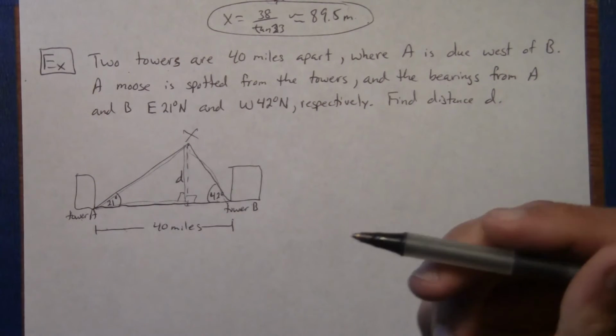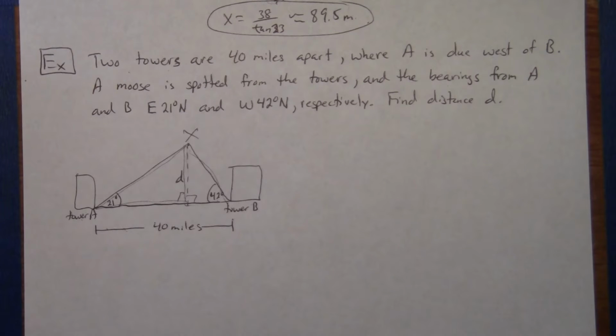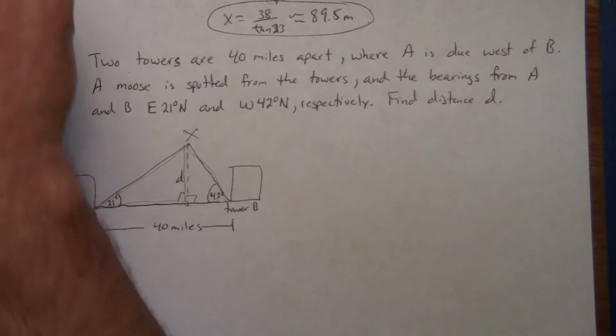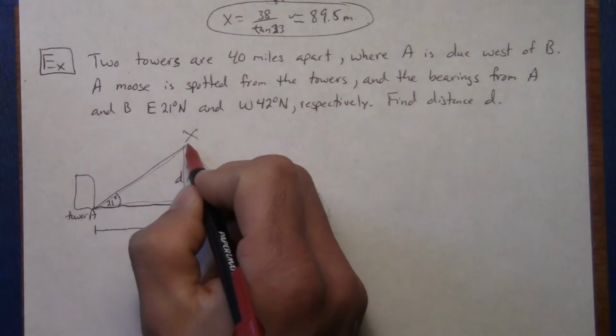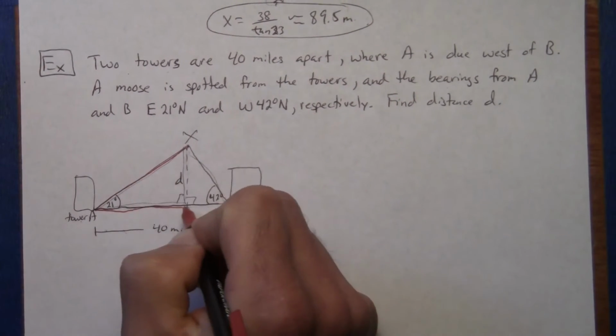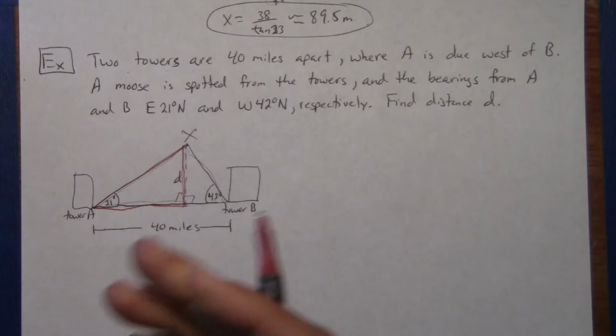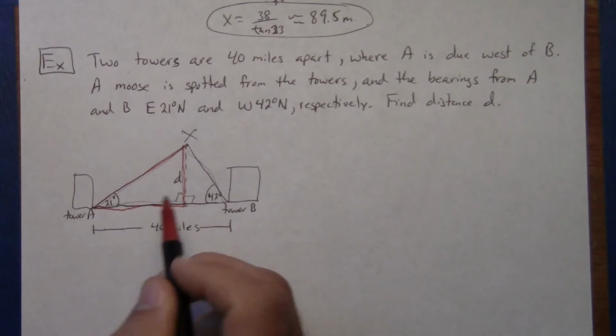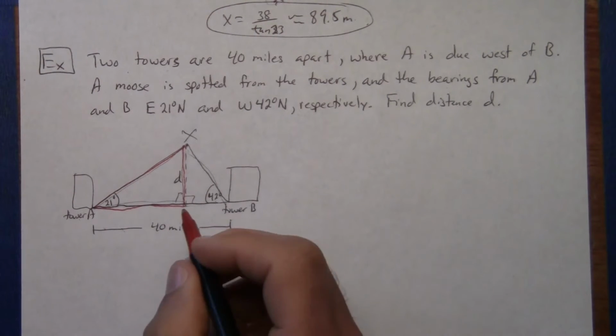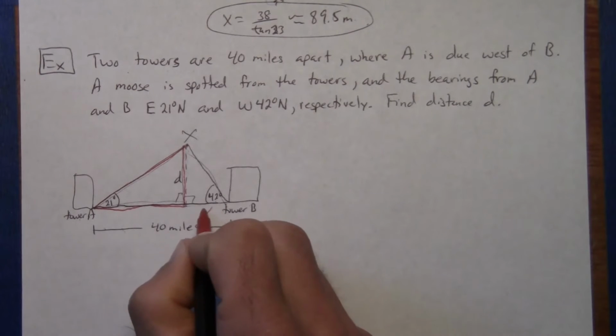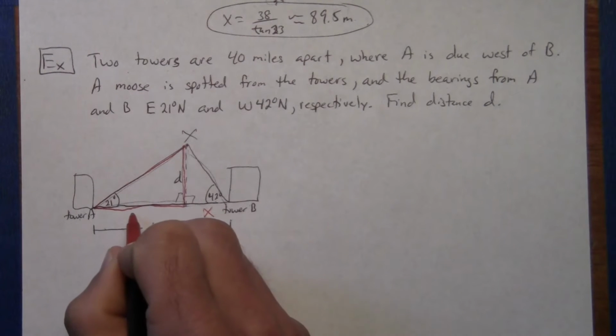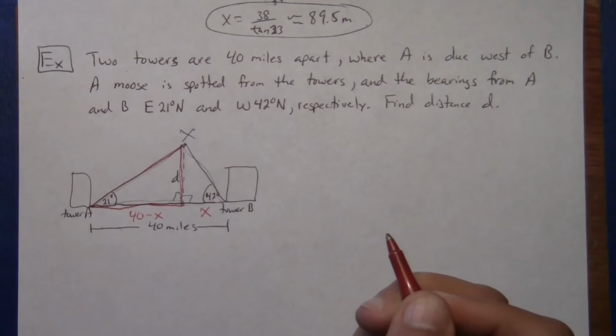What that tells me to do is use a system of equations to solve this. So what I'm going to do is just look at this one for right now. In order for me to set up some sine, cosine, tangent stuff, I need to know that distance. I have no idea what it is. So I'm going to call this distance x, and then since the whole thing is 40, this will be 40 minus x.